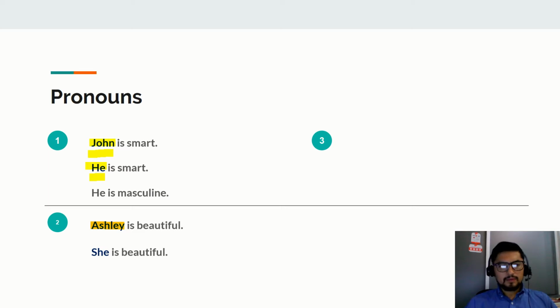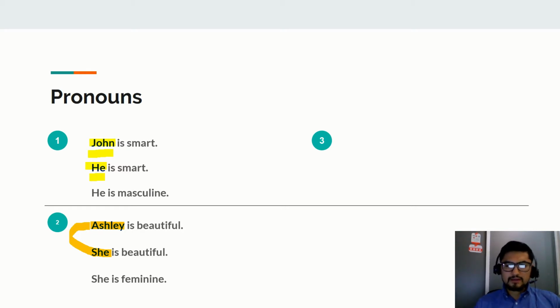Here in this example, she refers to Ashley, right? So she is Ashley. Ashley is beautiful. She is beautiful. Okay? So she is going to be used with feminine. So women or woman are going to be used with she.